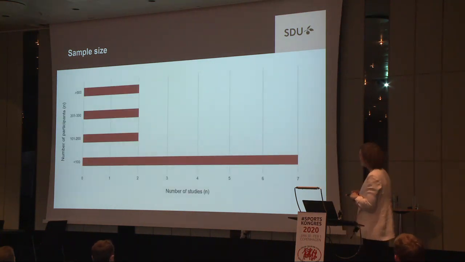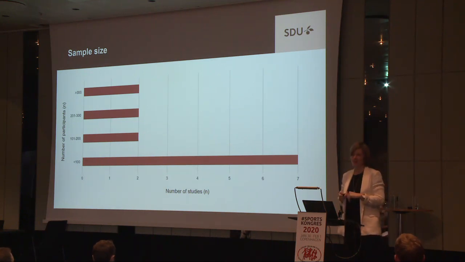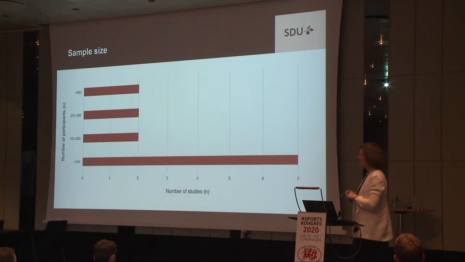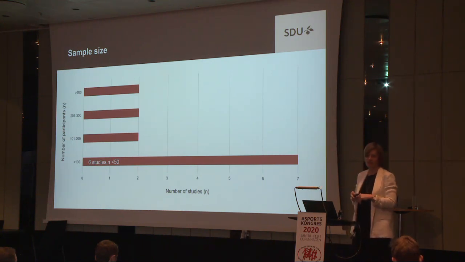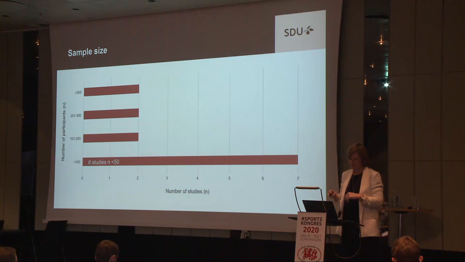So most of these studies have a sample size below 100, then it's actually very hard to say anything about associations, I think, that we can use in a preventive way. And many of these studies are below 50, have a study population below 50. Again, 2 out of 13 studies have included something about female.